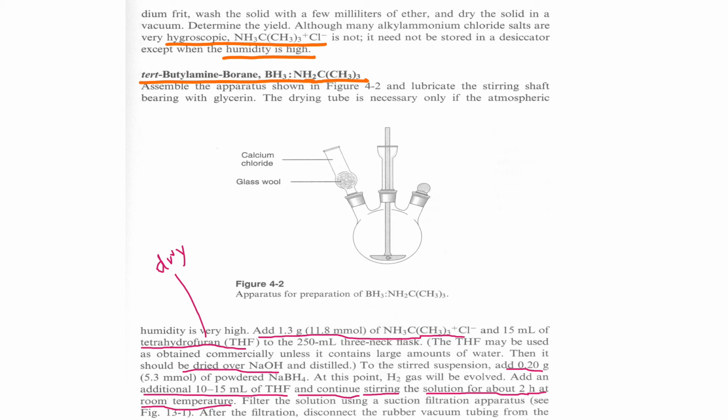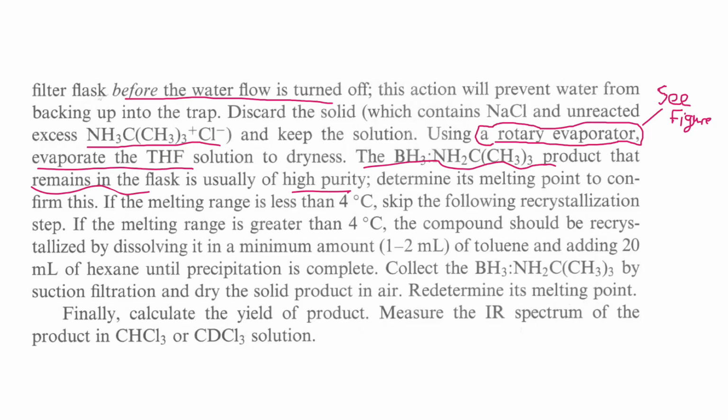Now, after the reaction proceeds for a while, you stop the reaction and you filter off the excess NaCl and the unwanted solids. Then you take your solution to the rotary evaporator to take the THF out, and you end up with the adduct.